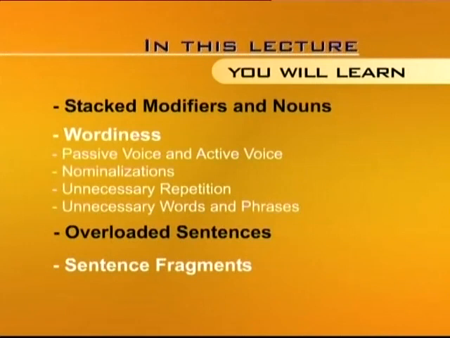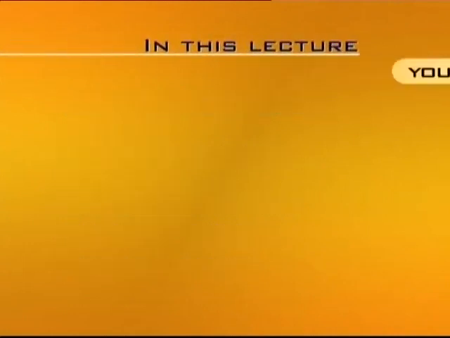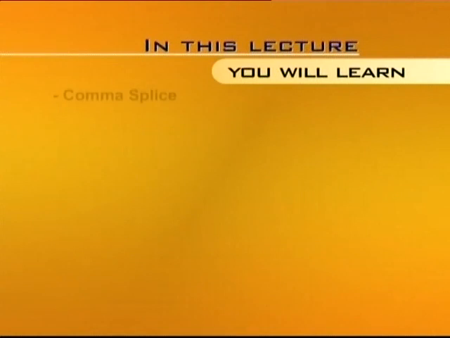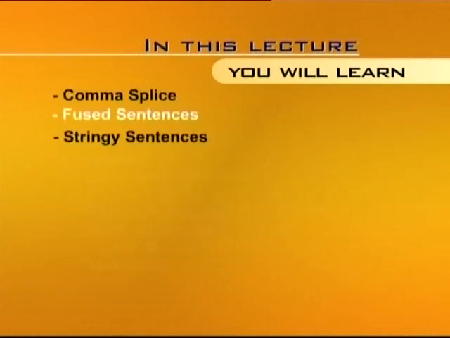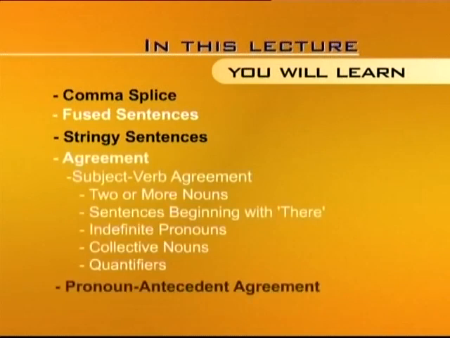We will then look at overloaded sentences and how you can correct those, and sentence fragments and what to do so that your writing does not have fragmented sentences. We will also look at problems with the use of comma splice, fused sentences and stringy sentences, and we'll look at agreement between subjects and verbs.